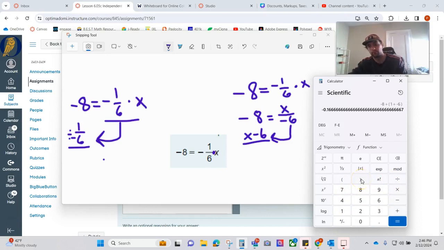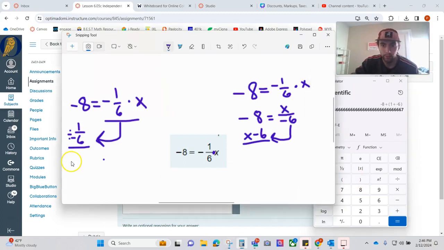Oh, okay, not the same. Negative 0.16 repeating. That's not right. Good to do it both ways, right, folks?